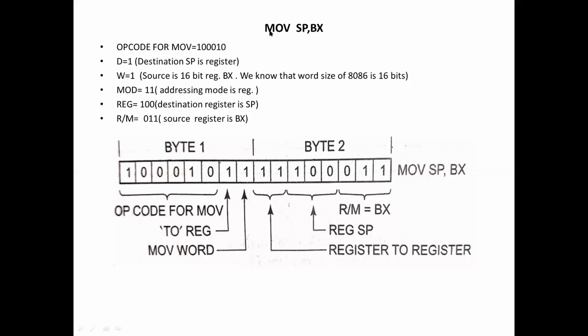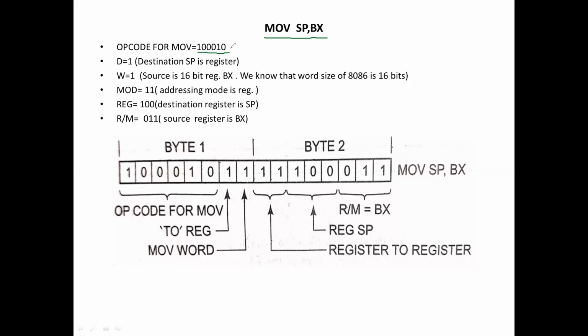Now this is an example in which we need to write the machine code for the instruction MOV SP, BX. So we just need to remember the opcode of one instruction only: MOV, 100010. Mostly it is given in the problem. If it is not given, we need to remember this only to explain any example.